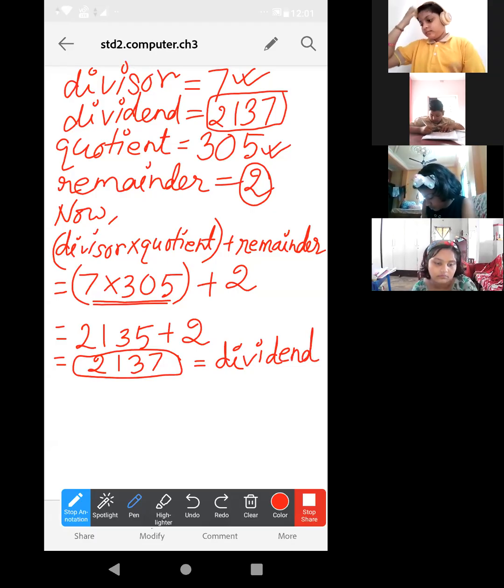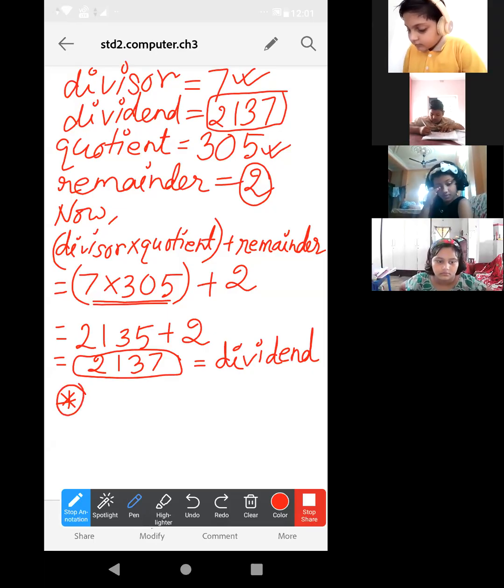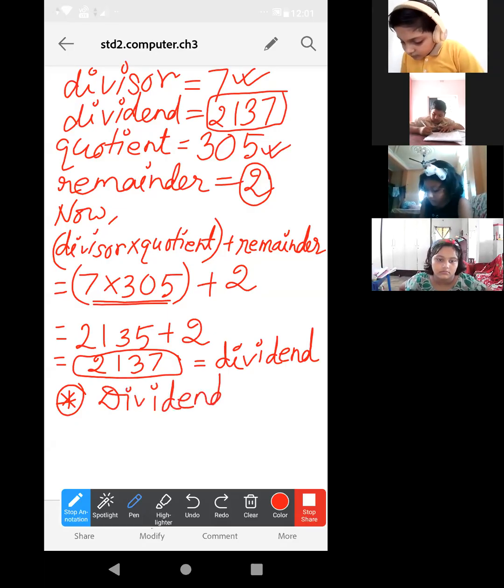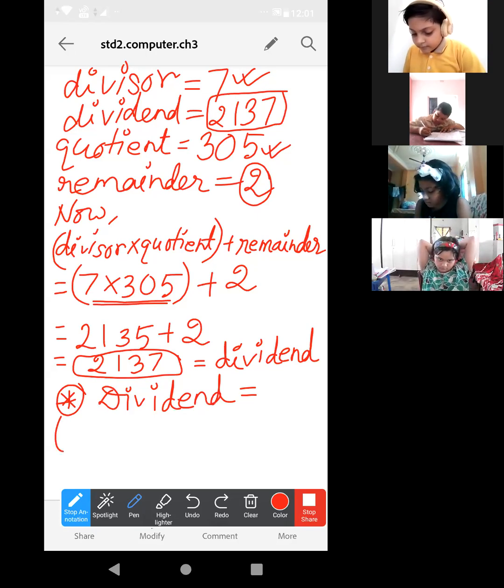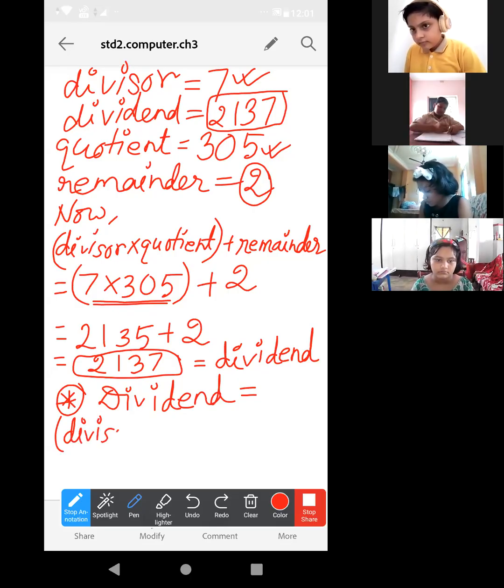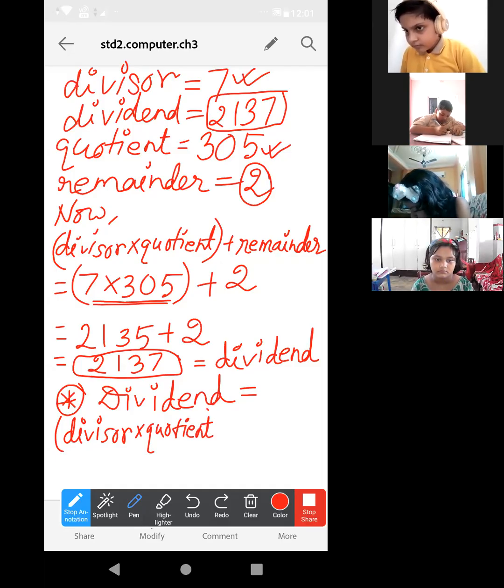That means just put a star and write: dividend is equal to divisor into quotient plus remainder.